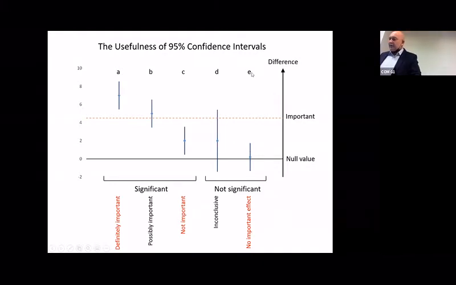Okay, let's look at E. So here, what about this case? So what we've got here is, is it statistically significant? It's not significant because it includes the null value. The null value is actually very close to the sample mean. Does this interval include the minimal importance line? No, that's up here.